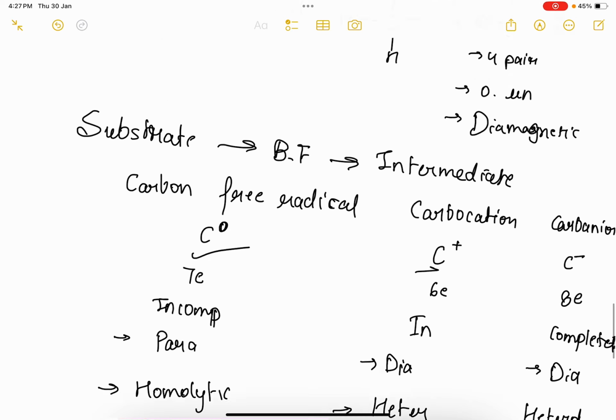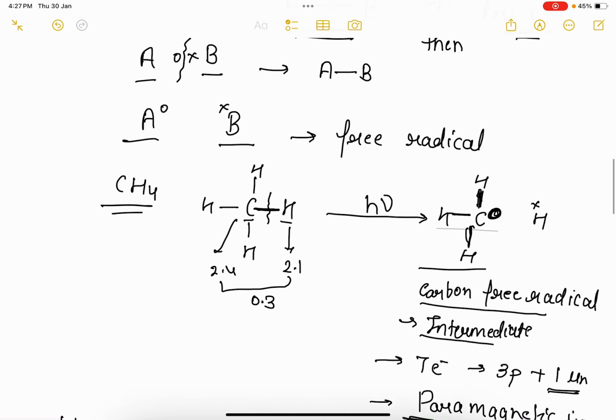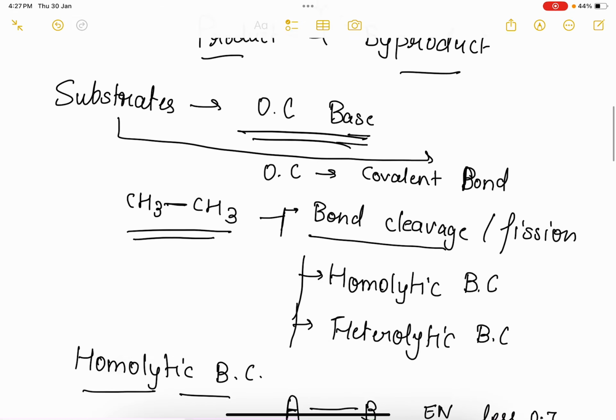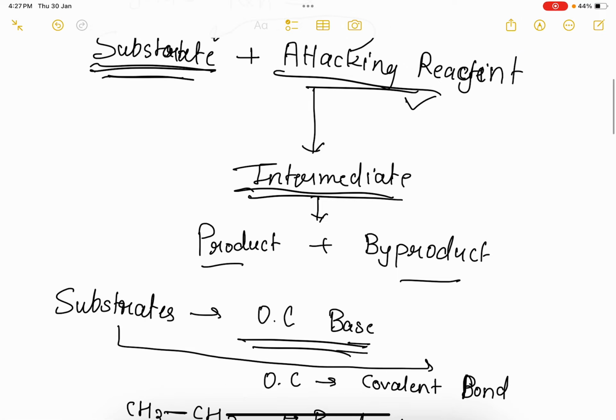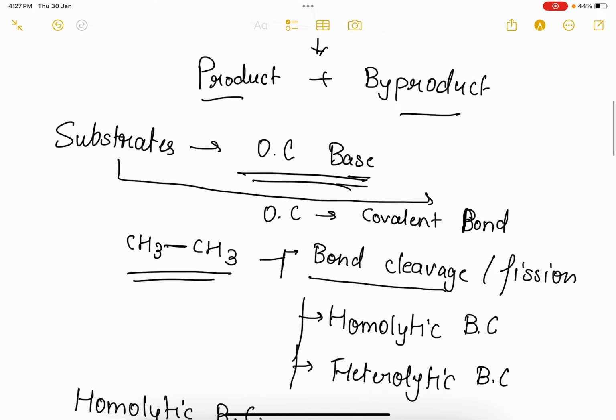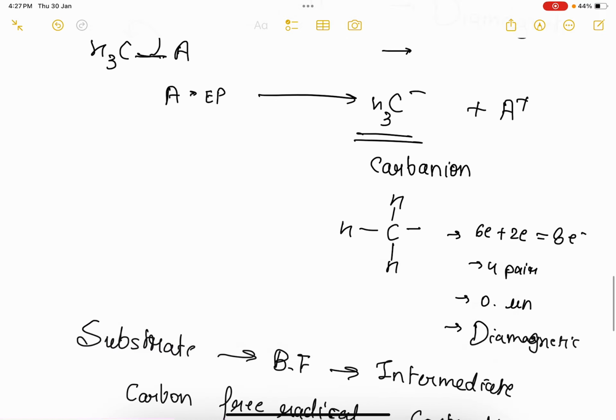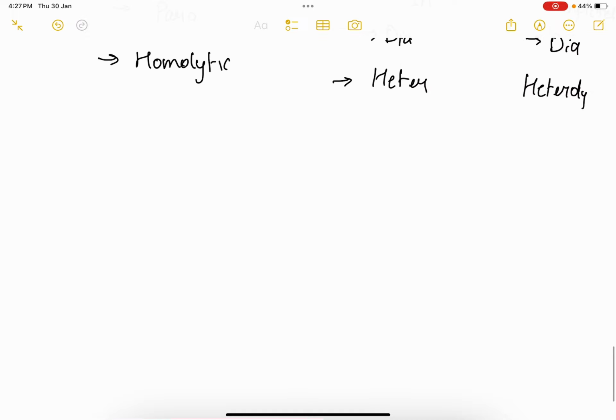Okay, second thing, in an organic reaction we have an attacking reagent. Attacking reagents are the substances which attack the substrate for the bond fission.